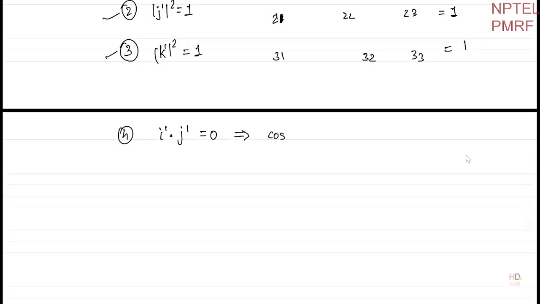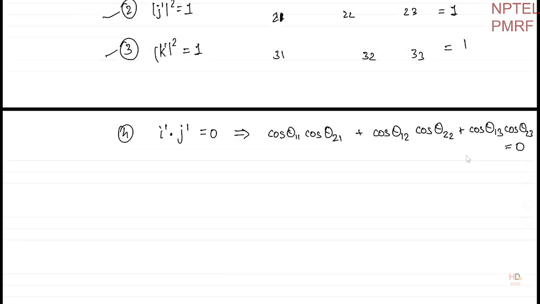So cos theta 1 1 cos theta 2 1 plus cos theta 1 2 cos theta 2 2 plus cos theta 1 3 cos theta 2 3 is equal to 0. So that is one constraint. Similarly, we have j prime dot k prime, which gives another constraint, and k prime dot i prime is 0, which again gives one.